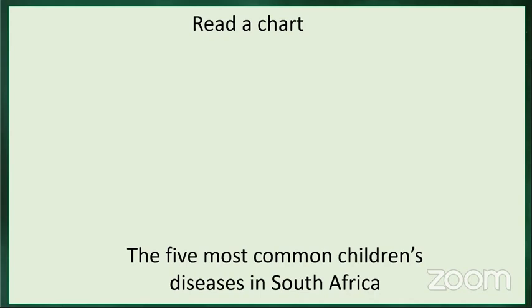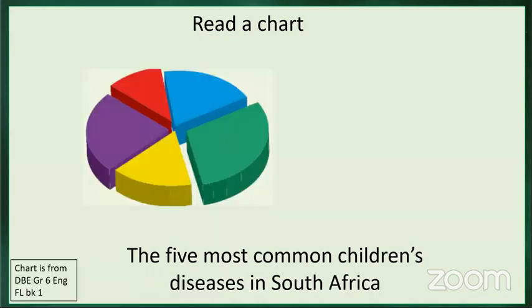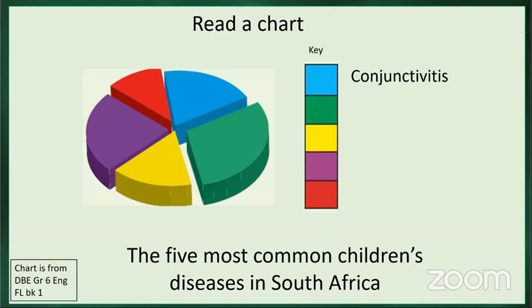Well, I looked it up on the internet last night, and this is what I discovered, that there's our chart, and there's the key to the chart. Conjunctivitis is very common. That's where you have pink eye. And the common cold is very common. Gastroenteritis, which is diarrhea, is very common.